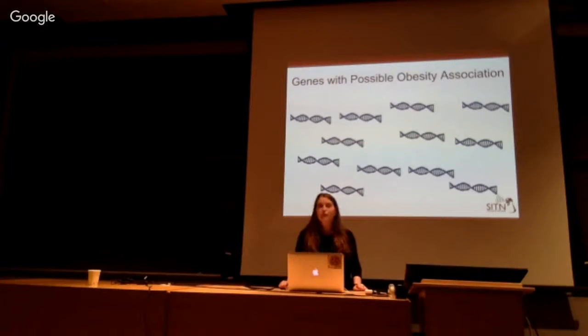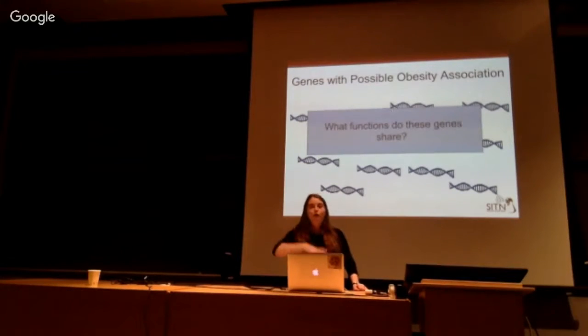And so there are a lot of really cool and interesting questions that you can ask from having this kind of data. But one of the most basic is, of all of your potentially associated genes to this trait of interest, so for BMI, what biological functions do these genes share?